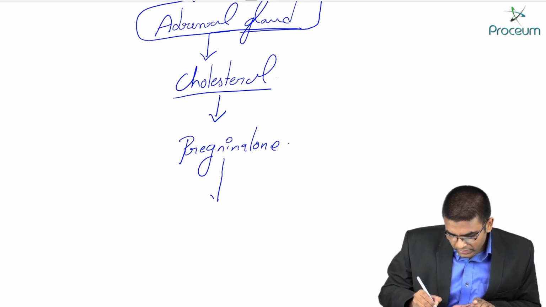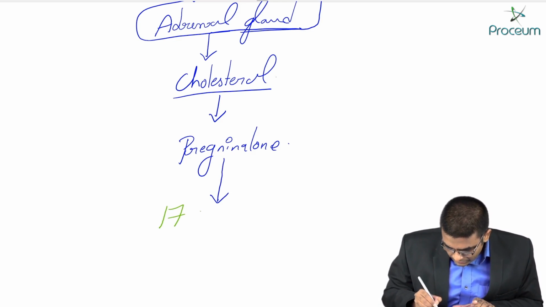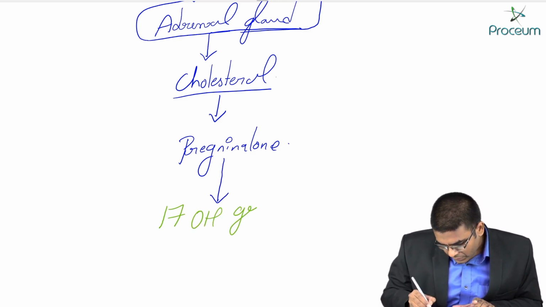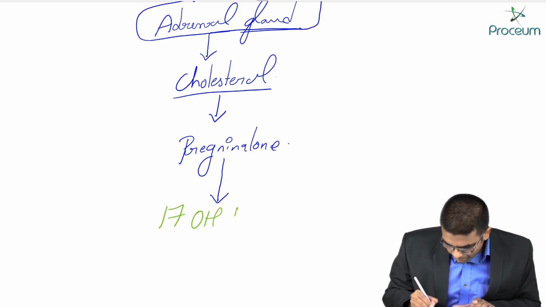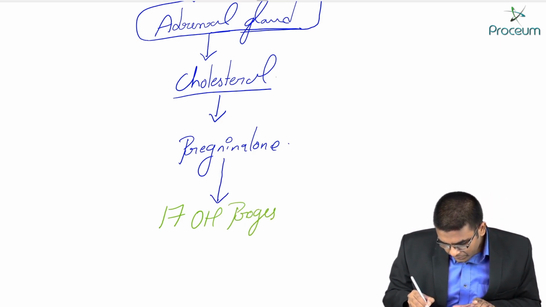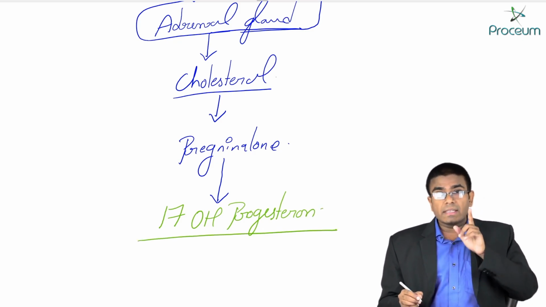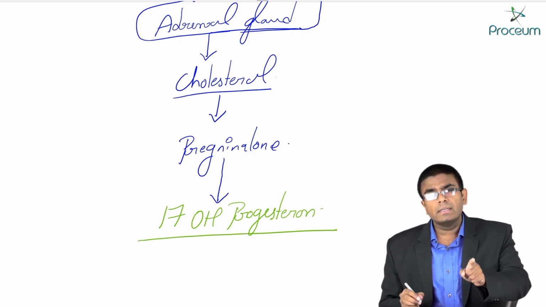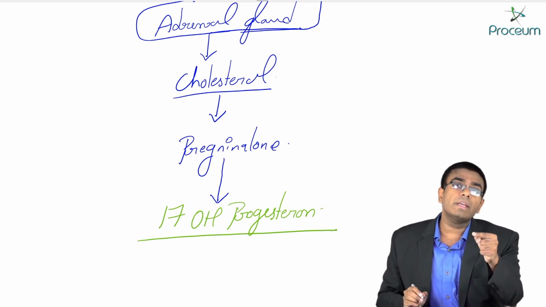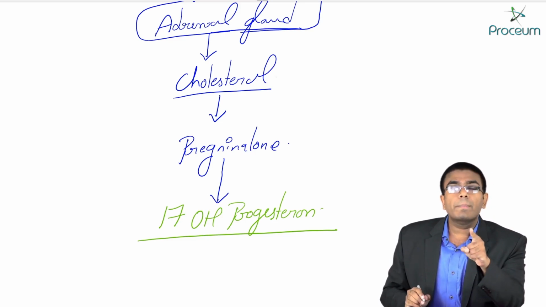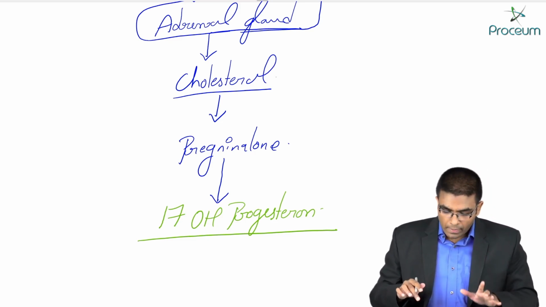Now this pregnenolone will be converted into 17-hydroxyprogesterone. So ACTH acts on the adrenal cortex, the cholesterol is converted into pregnenolone, and the pregnenolone is converted into 17-hydroxyprogesterone.